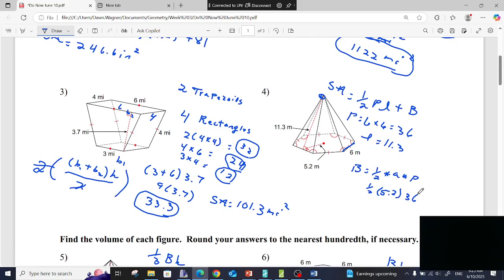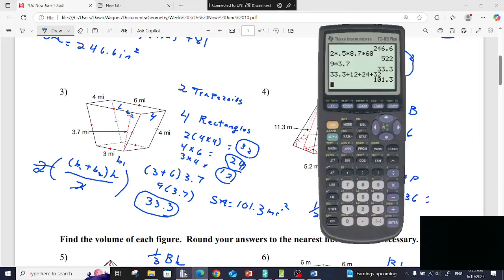So now I'm going to substitute everything into my formula. I get 1/2 times 36 times the slant height of 11.3 plus, I did not calculate that yet, so let me put that in the calculator.